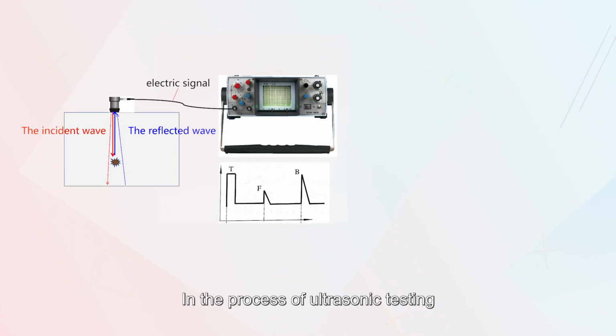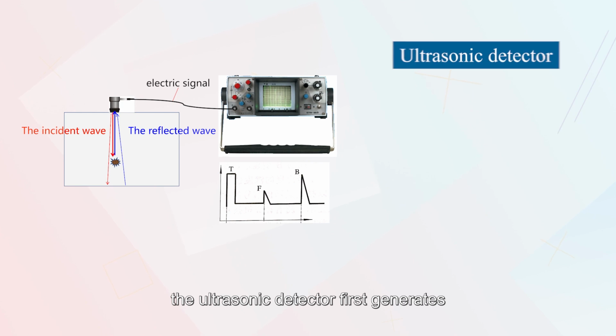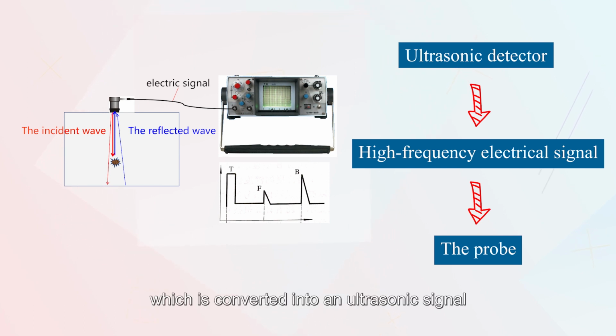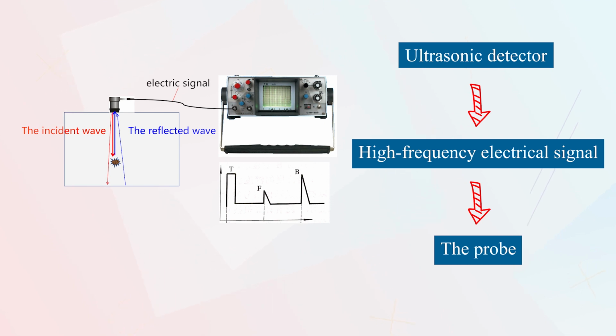In the process of ultrasonic testing, the ultrasonic detector first generates a high-frequency electrical signal to the probe, which is converted into an ultrasonic signal through the chip in the probe.